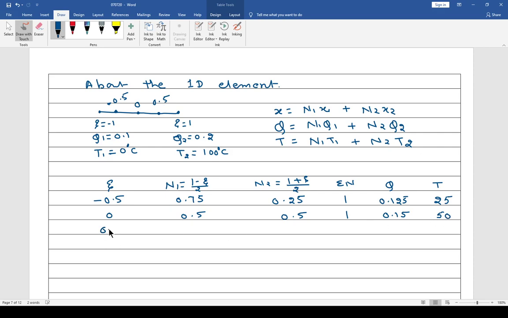Then for this it has to be 0.5, this will come 0.25, and this will come 0.75. Just calculate this value. This should come 75, so I'm expecting this value to be 0.175. Yes, it will be 0.175.